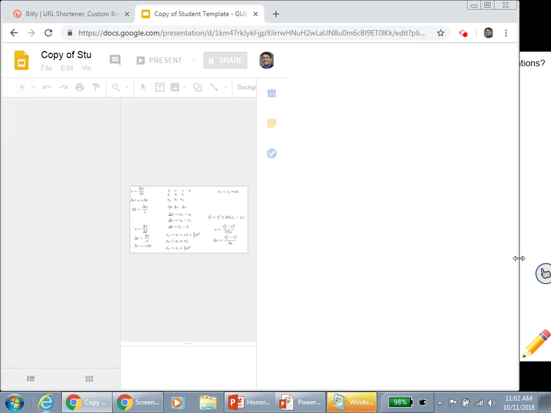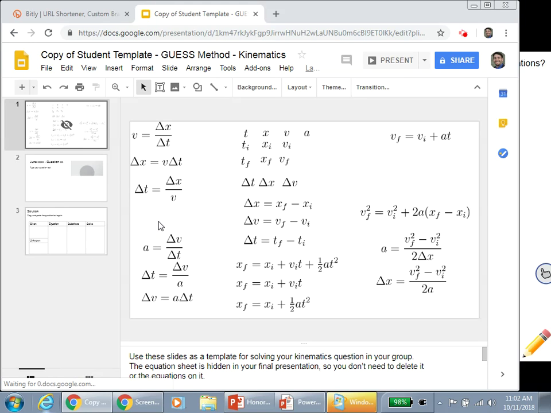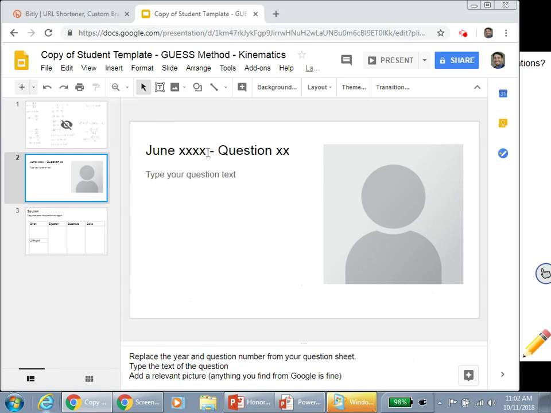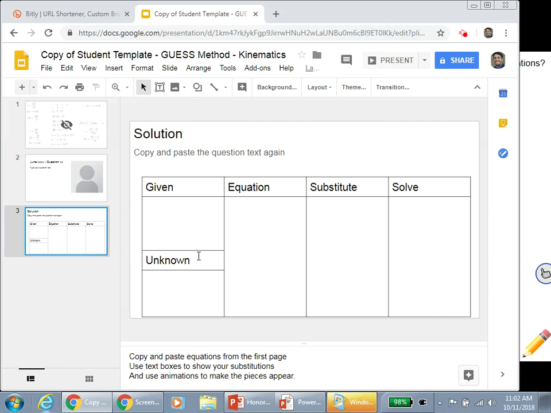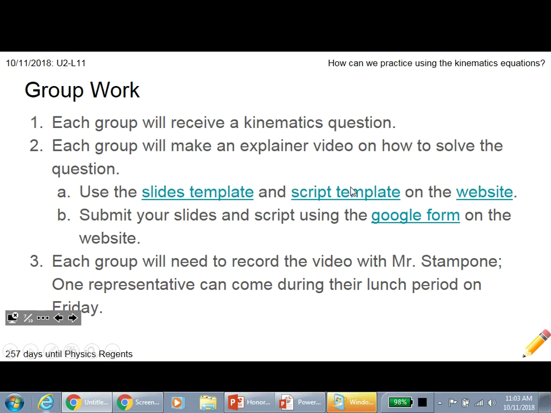Okay, so this is what the slides template looks like. I've got instructions written in the bottom. You can grab any of the equations you might want to use. I've already solved it. You're going to type the question, and then you're going to use animation to make your solution. And then for your scripts, same thing.